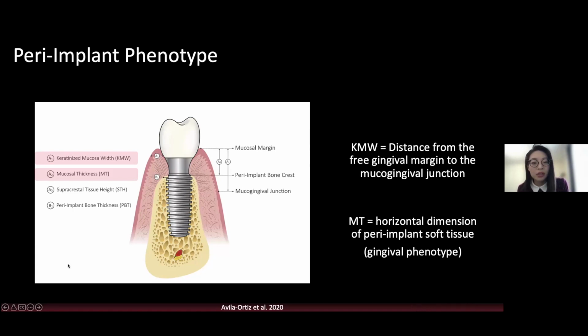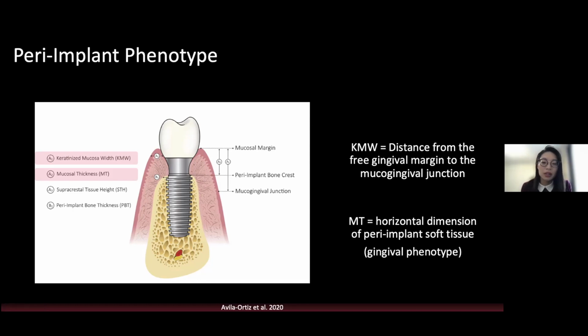And 2 components I'll be focusing on specifically are the keratinized mucosa width, which is the distance from the free gingival margin of the implant to the mucogingival junction, and then also the mucosal thickness, which is the horizontal dimension of the peri-implant soft tissue from the implant out to the surface of the gingiva or mucosa.